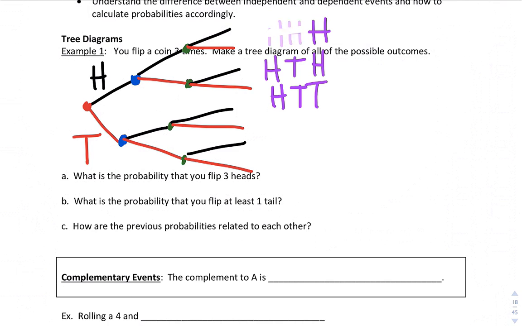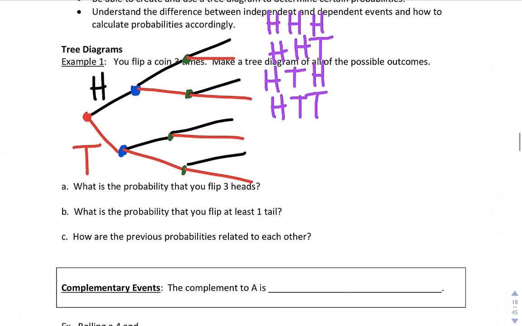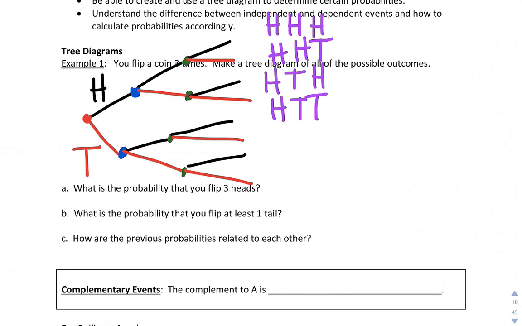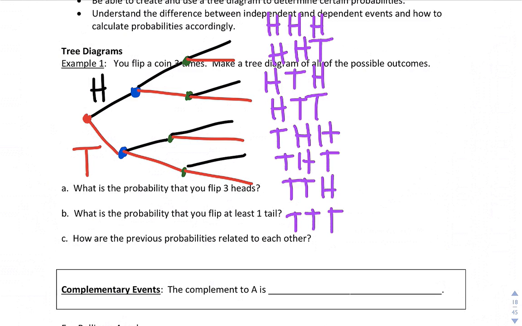Right in the middle here, we had heads, heads, tails. Okay, so there's the top. The bottom, we have tails, heads, heads. We have tails, heads, tails. Tails, tails, heads. And tails, tails, tails. So we have 8 different outcomes.